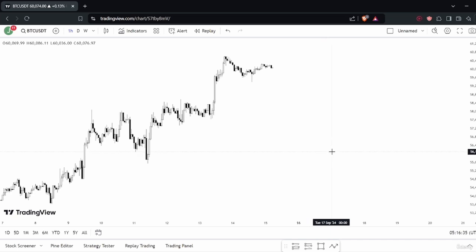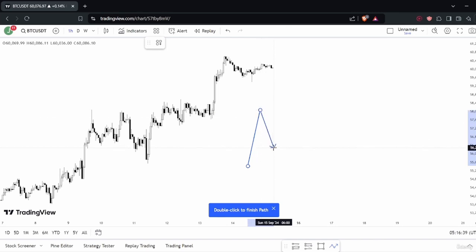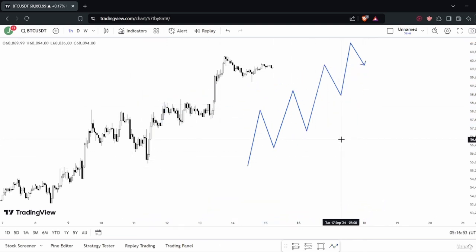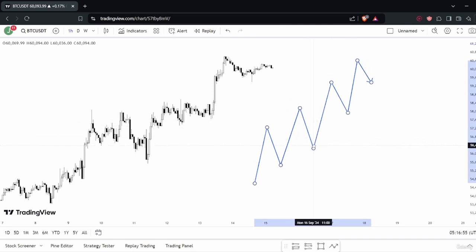So first, the market structure is going to be this way. Like this: an impulse, retracement, impulse, retracement, impulse, retracement, impulse, retracement. Okay, that's going to be our market structure. Of course, sometimes it's not going to retrace all the way here.